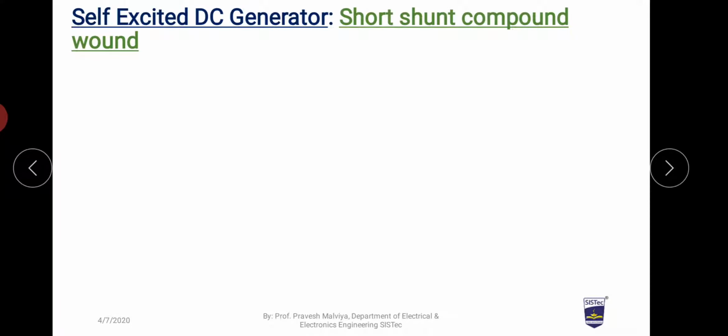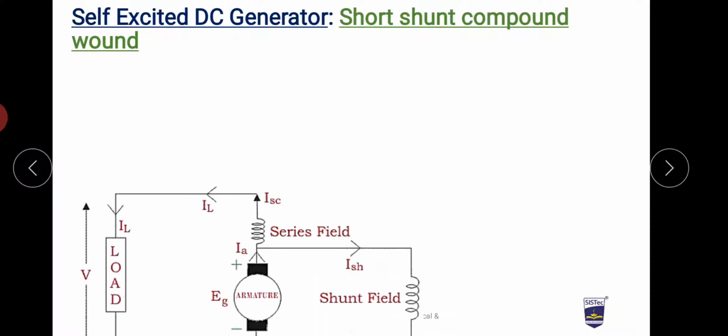So we start with the short shunt compound wound DC generator. This is a type of self-excited DC generator.